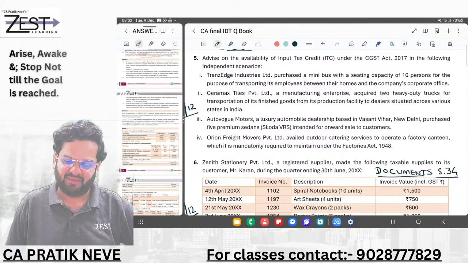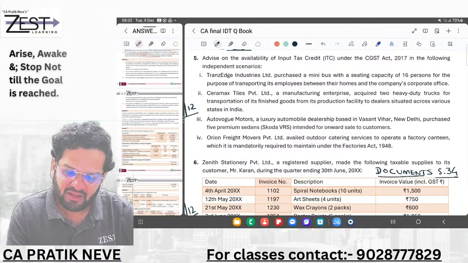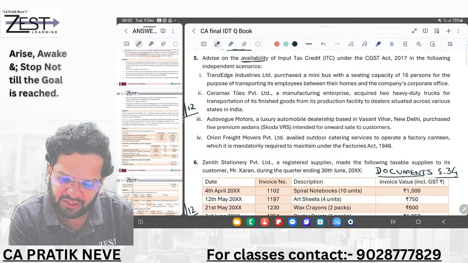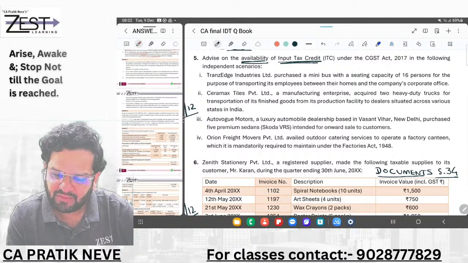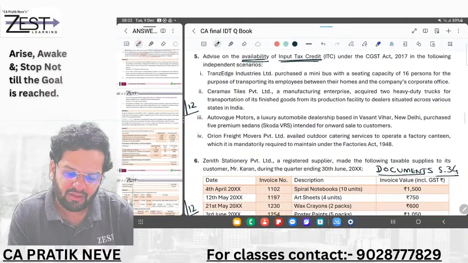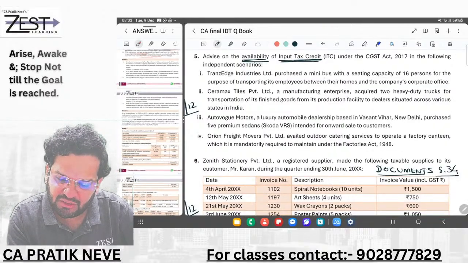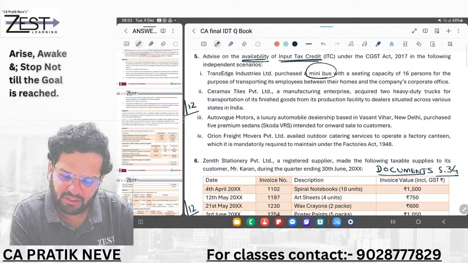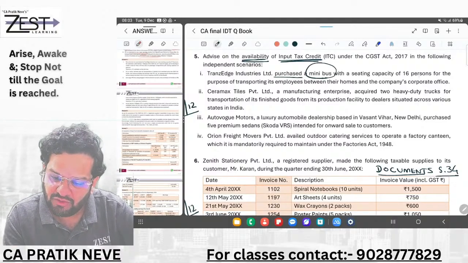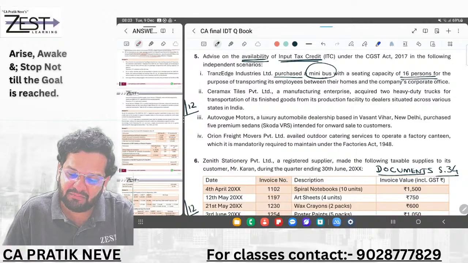Now friends, next one, you have to advise on availability of ITC in the following independent scenarios. Trans Age Industries Limited purchased a minibus with sitting capacity of 16 persons. ITC will be available.